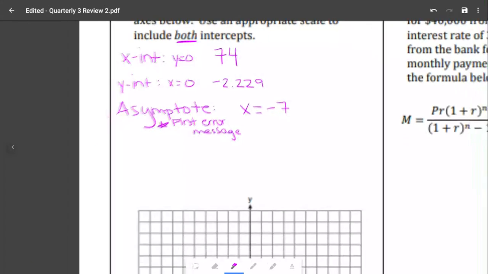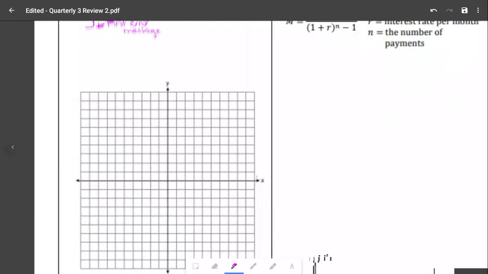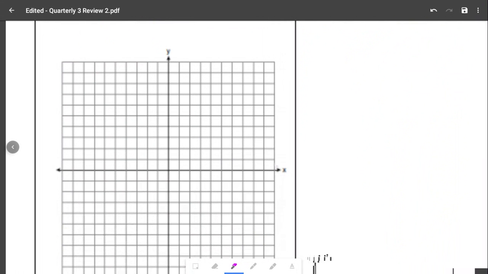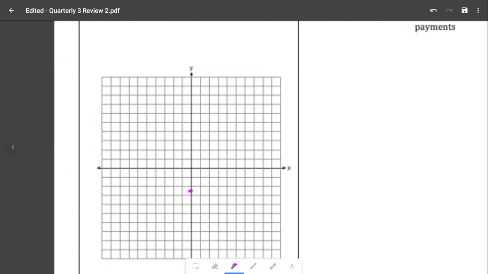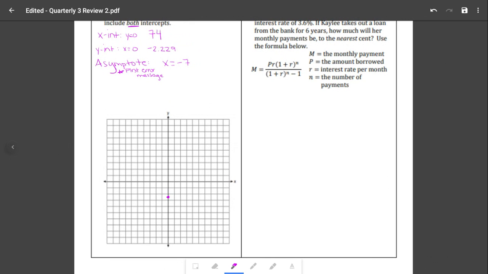So graphing, -2.229. Not that bad to get onto the y-axis. 74, however, for my x-intercept does not fit on this graph. So we do have to change how we're going to scale the x-axis because it says in the directions we want to include both intercepts.